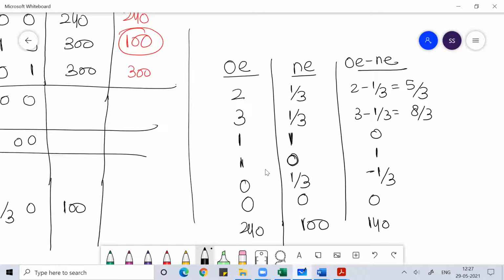Now I'll put this value here. Once I get this value, I'll put it here. Simple formula, guys. I think you are understanding. Simplex method is a very easy method.